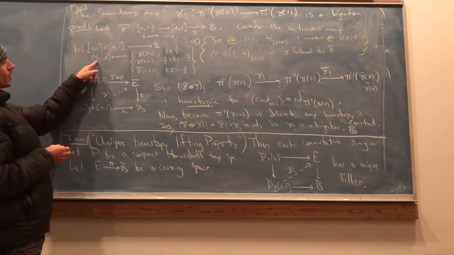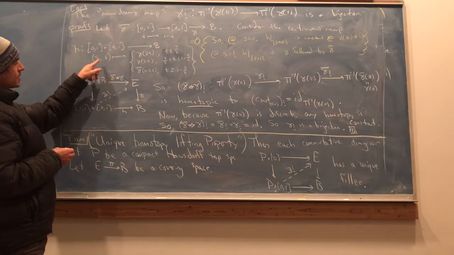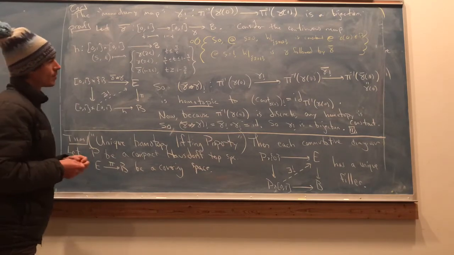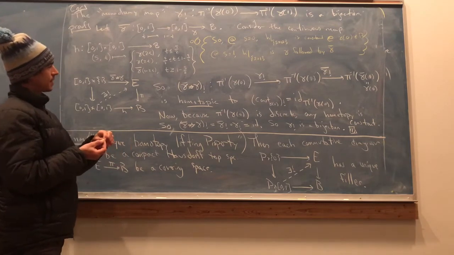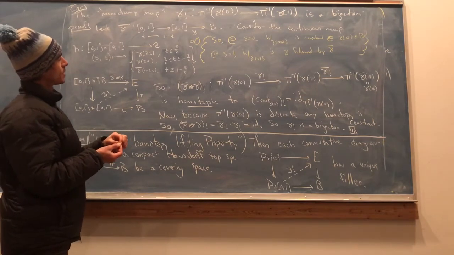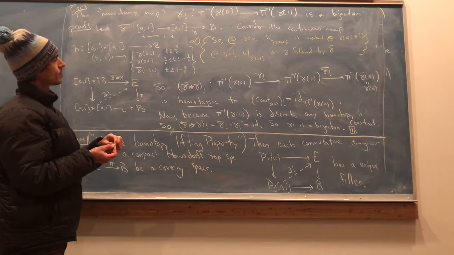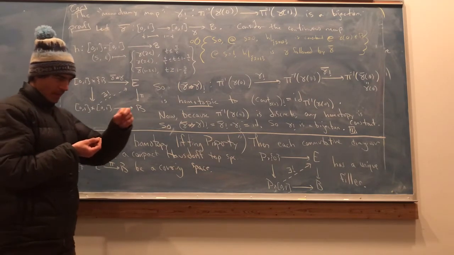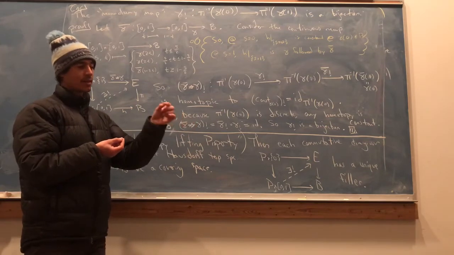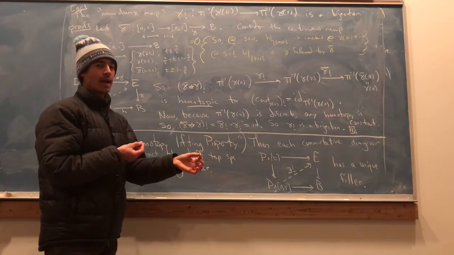And when it's 0, it will be the constant path at the starting point of the path gamma. And for all s's in between, you'll just trace out the path to some moment, stop and wait for a while, and then come back.